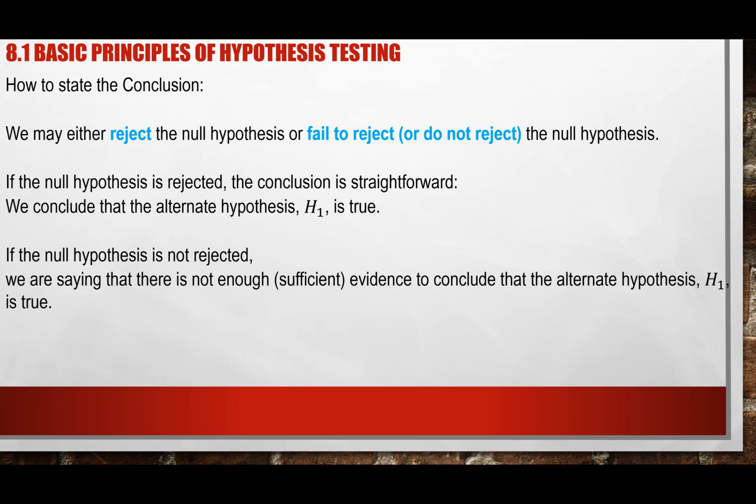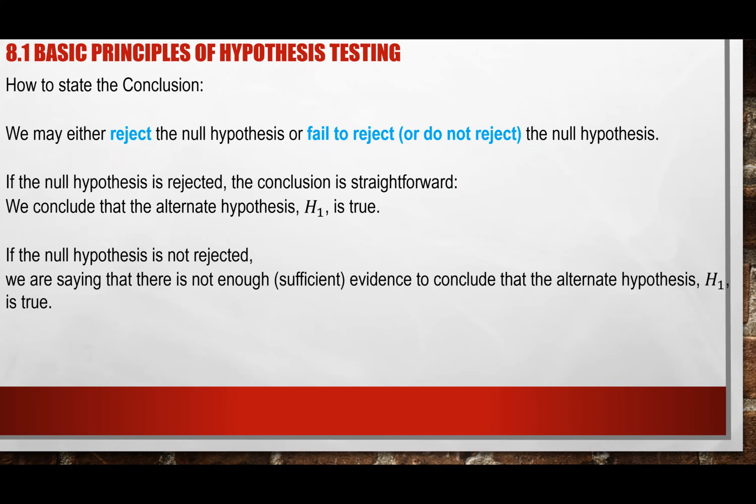We assume it's true, and then we try to prove that it's false. So we will never say we accept the null hypothesis. You will either throw the null hypothesis away, or you cannot throw it away. You do not reject, or you fail to reject. If you fail to reject, all you're saying is, we don't have enough evidence right now to prove whatever we're trying to prove. We will go back, gather more evidence, and come back another time.